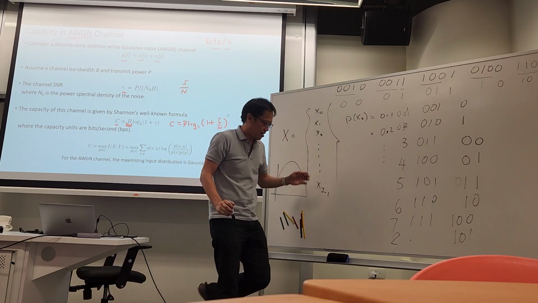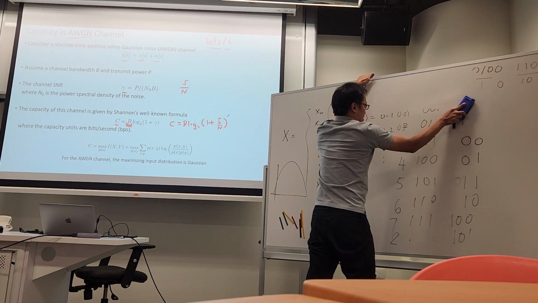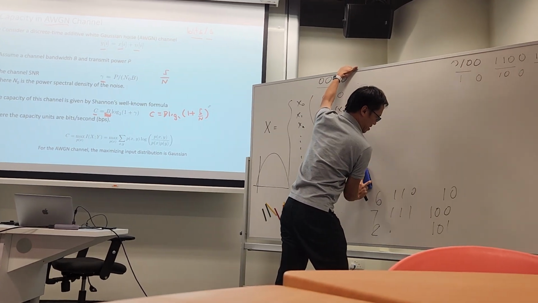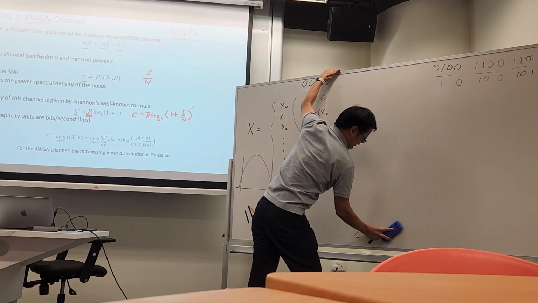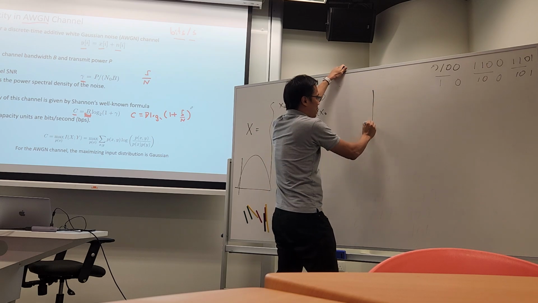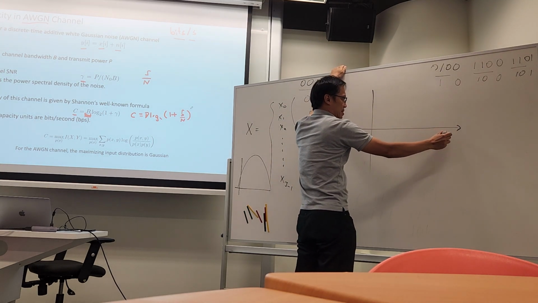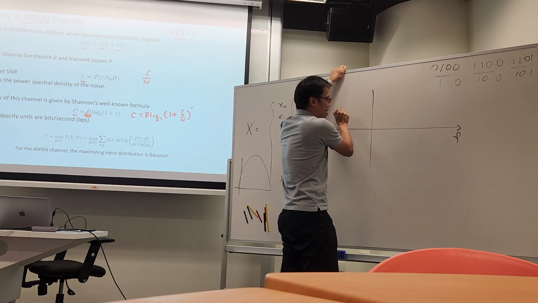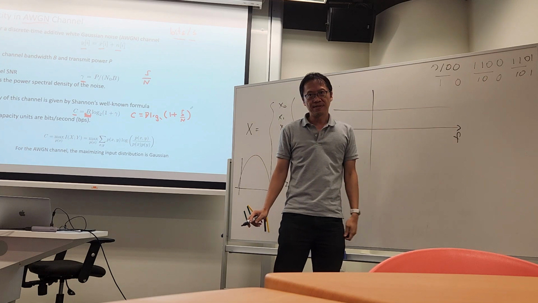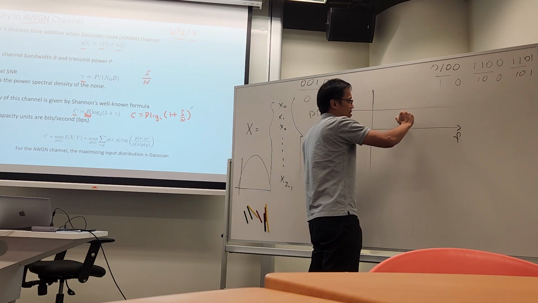In our additive Gaussian noise, if you look at it in the frequency domain, Gaussian noise has noise at all frequency levels, and our signal, our bandwidth, is something like this.